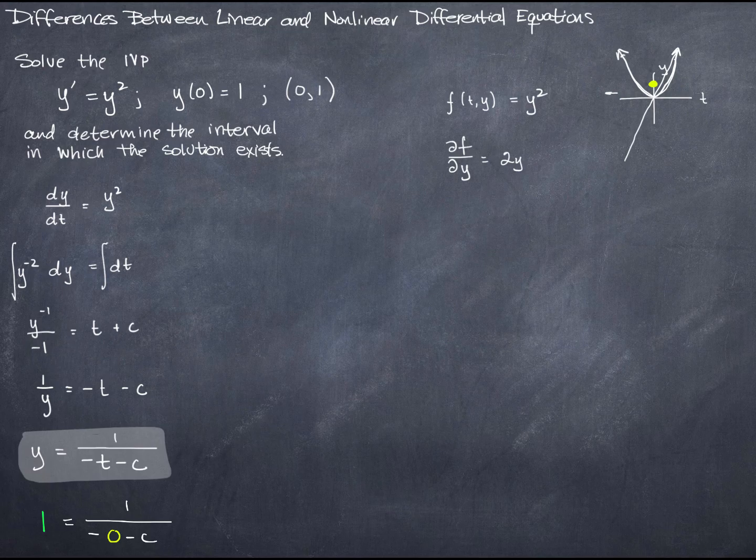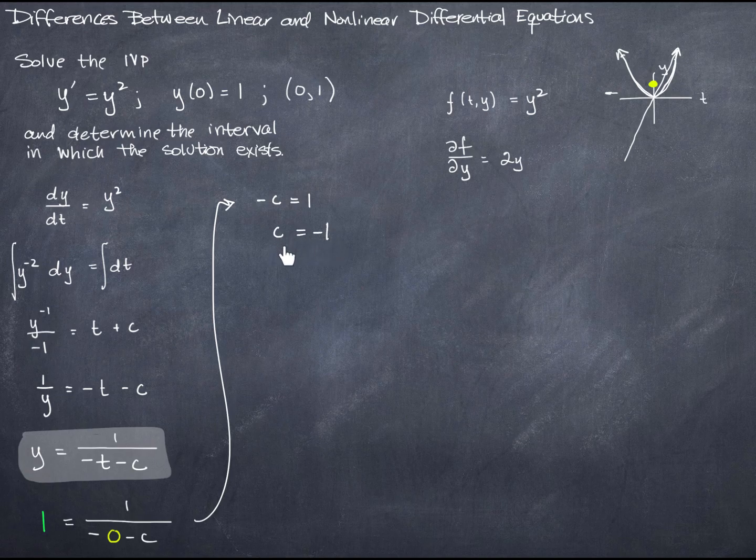So now I'm going to solve this for c, the only unknown value left. Let's put this up here. If I multiply both sides by, well, this is just going to be 0, right? So this is going to be 1 over negative c. If I multiply both sides by negative c, I get negative c equals 1. Therefore, c equals negative 1.